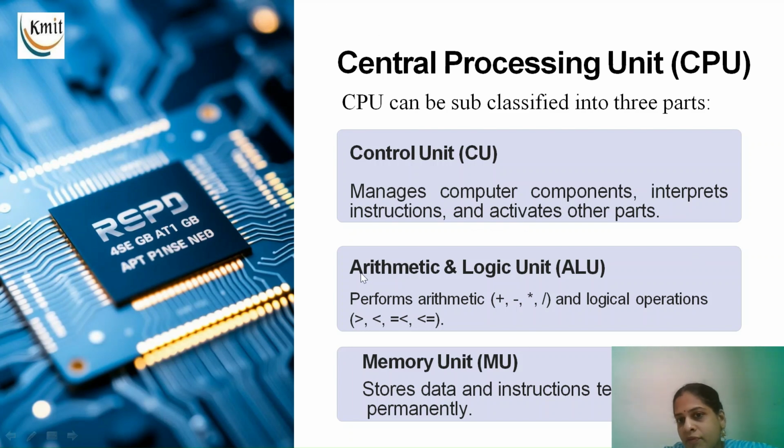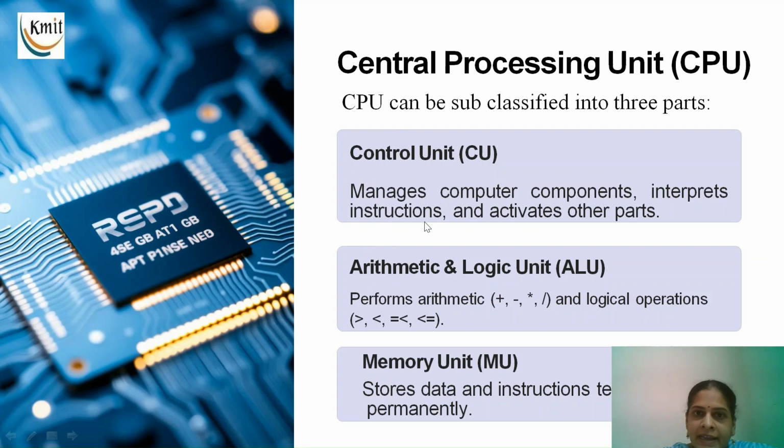The arithmetic logic unit performs arithmetic operations as well as logical operations. Arithmetic operations are like plus, minus, multiply, divide, whereas logical operations are like greater than, less than or equal to, and greater than or equal to. The memory unit stores the data and instructions temporarily or permanently.